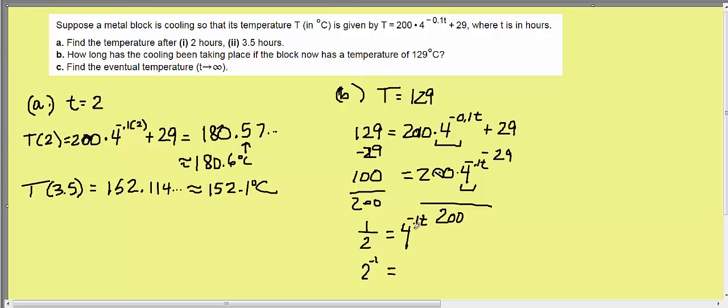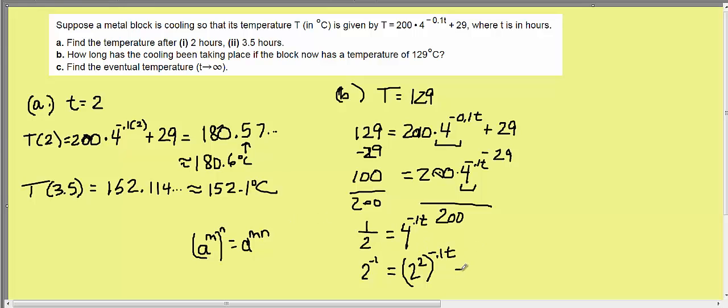So how about I try and rewrite 4 raised to the negative 0.1 t as something with base 2, a base 2 raised to some power. The process looks like this. We know that 4 can be written as 2 squared, and we have this rule with exponents that if you have a to the m raised to the n, then you multiply those two numbers.